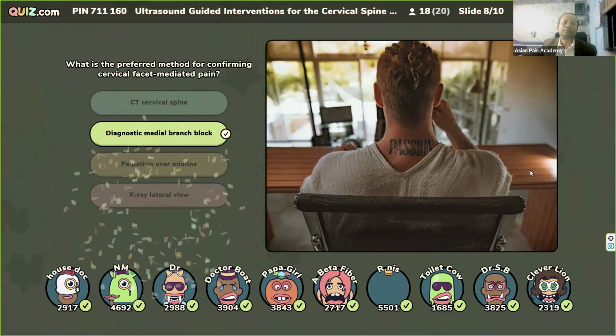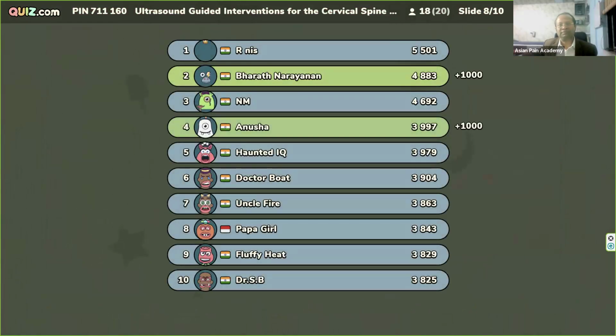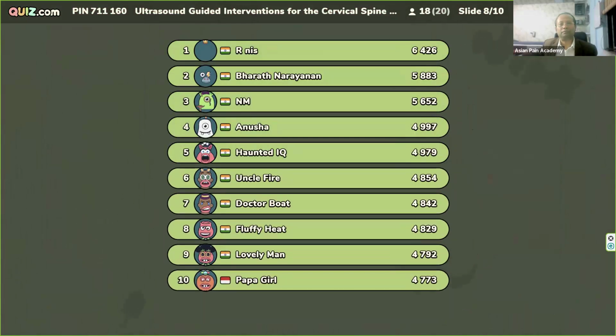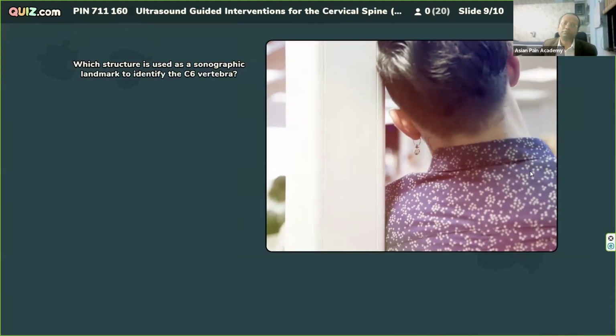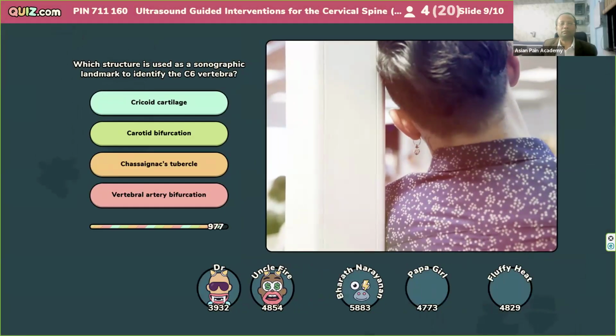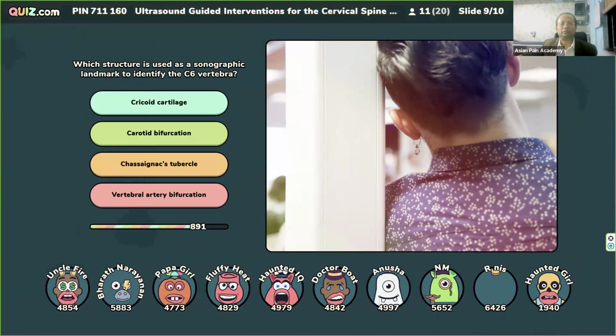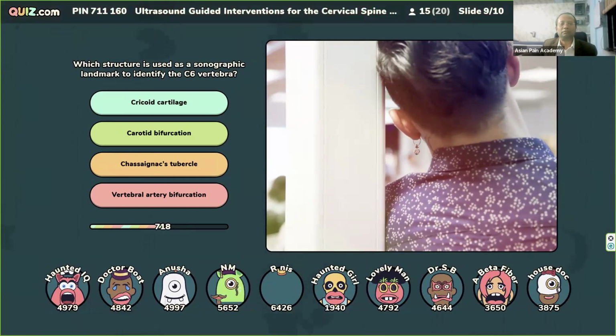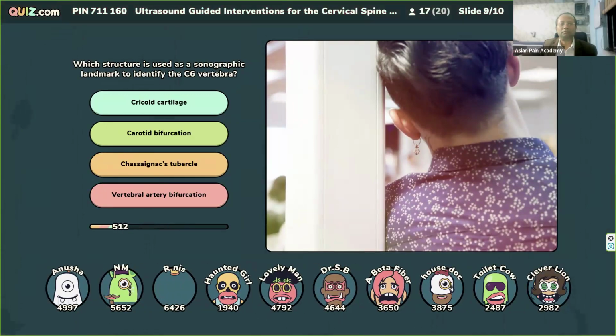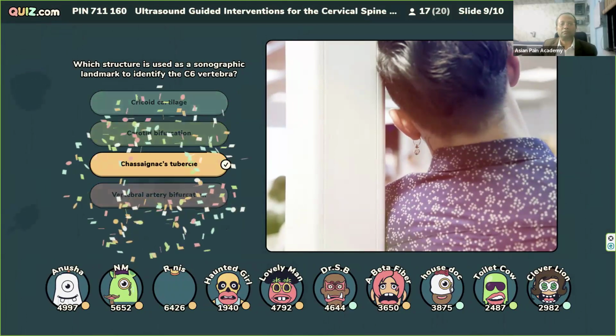Diagnostic medial branch block. Which structure is used as a sonographic landmark to identify the C6 vertebra? Chassaignac tubercle.